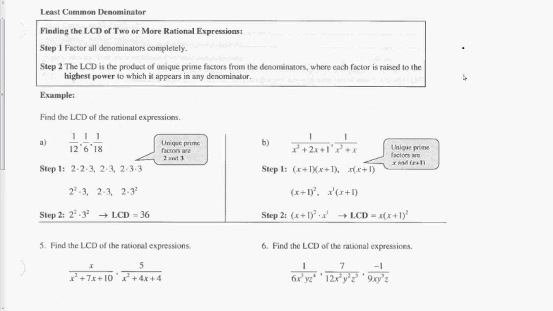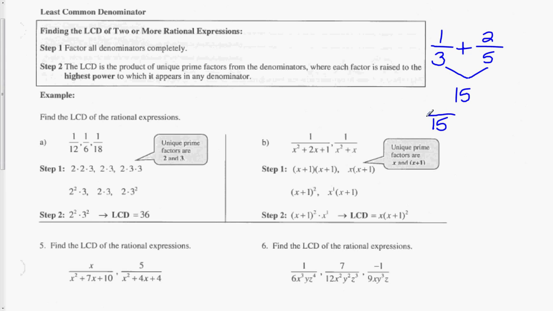Well, if you will remember, when we have done fractions before, similar to this, 1/3 plus 2/5. Those are not like denominators. 3 and 5 are not like denominators. So we had to find a common denominator between 3 and 5, a number that 3 and 5 will both go into. Well, that would be 15.